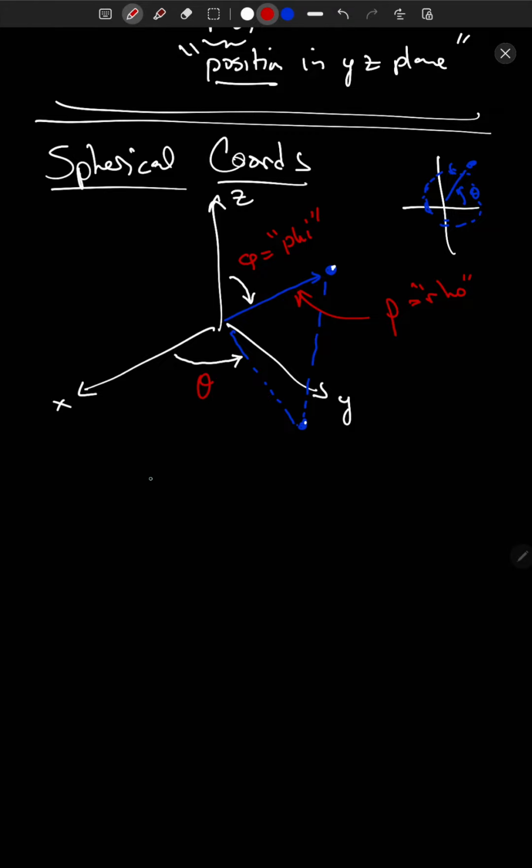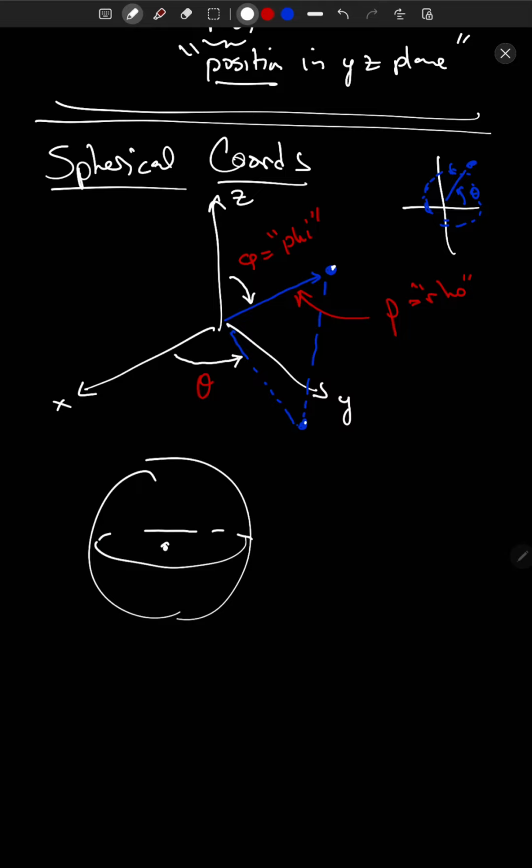In fact, if you think about this, let's draw a sphere. Here's the origin. Here's the equator, for example, right? So here's, let's say, the positive x-axis. If theta were fixed, let's say that angle right there, that's theta, what would that describe on a sphere?